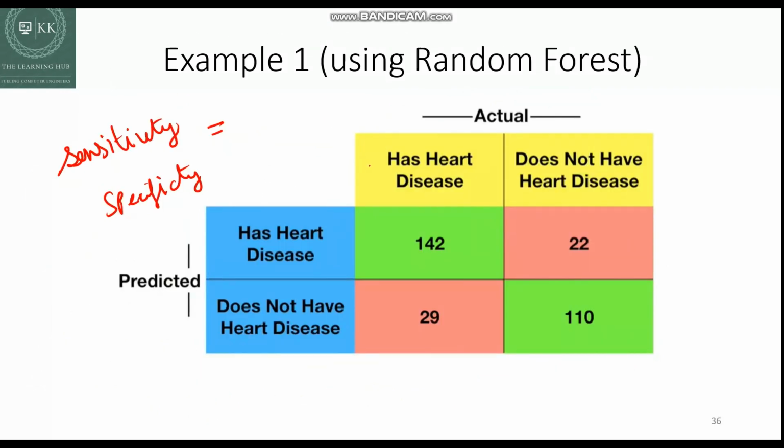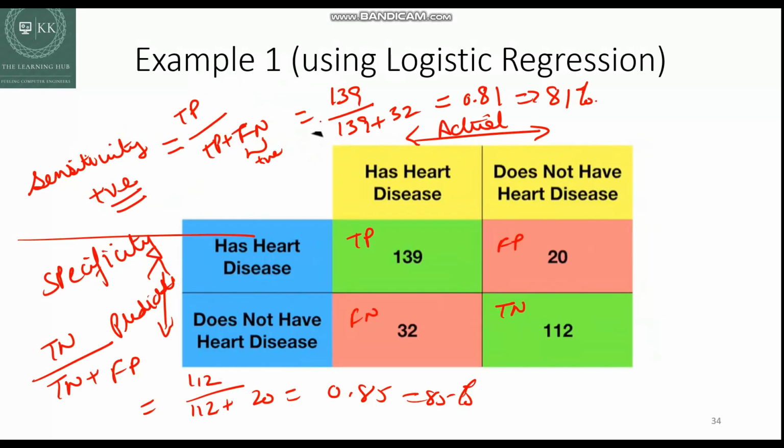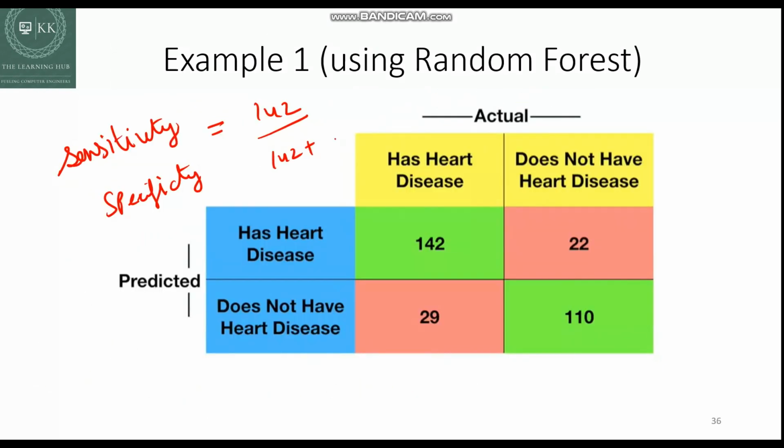So true positive 142 divided by 142 plus the false negative, 29. So sensitivity over here comes to be 0.83, which is 83%.